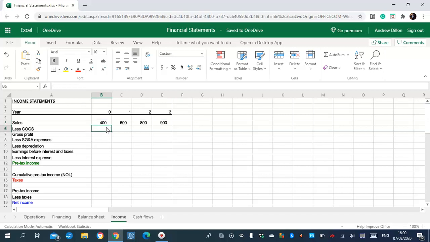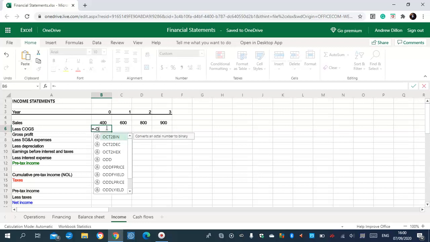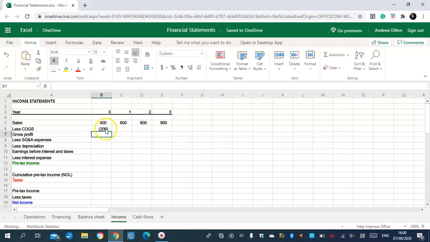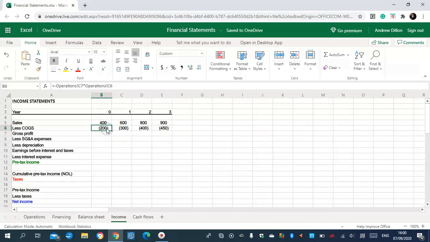Okay, less costs. That's COGS. Next one is going to be gross profit.